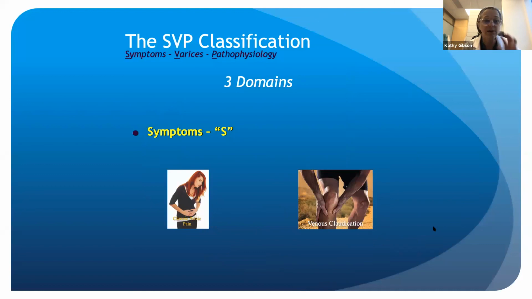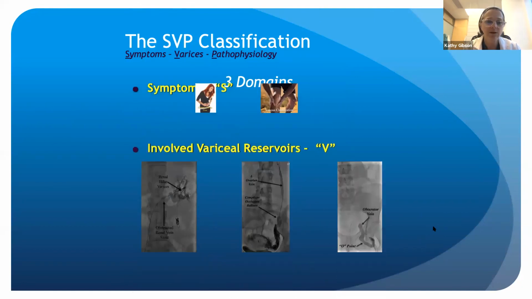So getting back to this classification, there's 3 domains. The first one is symptoms, and this would be where the symptoms are that the patient's having. The second domain is what is the variceal reservoir? So where are there varices? It could be the renal hilum, it could be the pelvis, it could be the transitional varices, or it could be atypical varices in the leg.